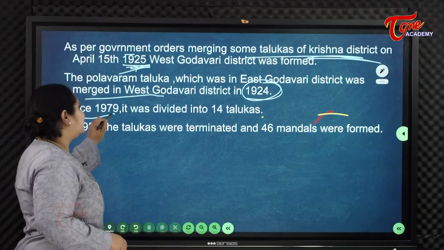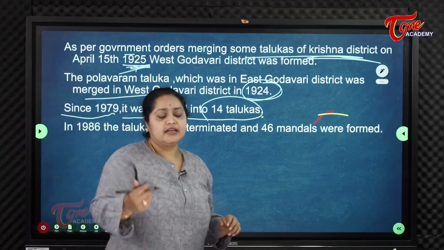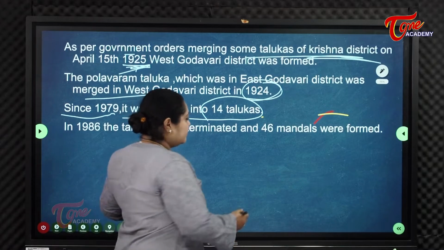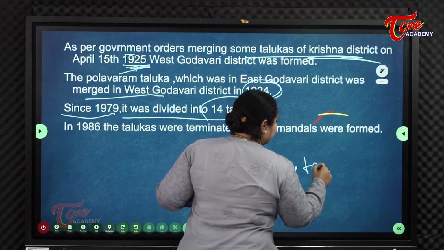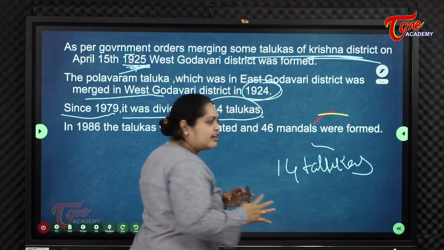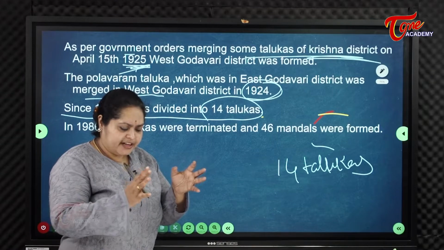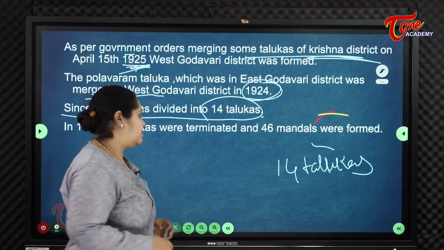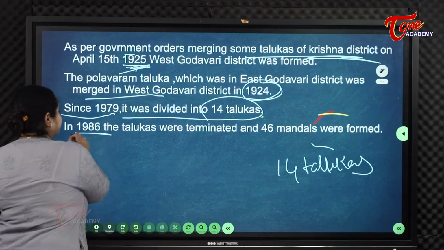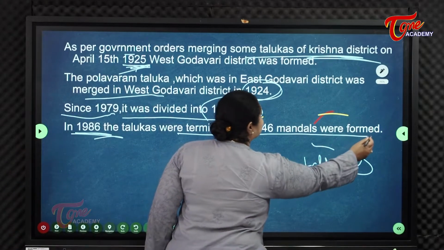Since 1979 it was divided into 14 talukas, with further bifurcation, addition or merging of the divisions of many talukas. In 1986 the total talukas were terminated and 46 mandals were formed.